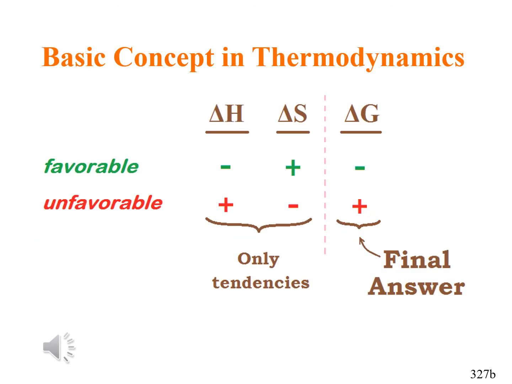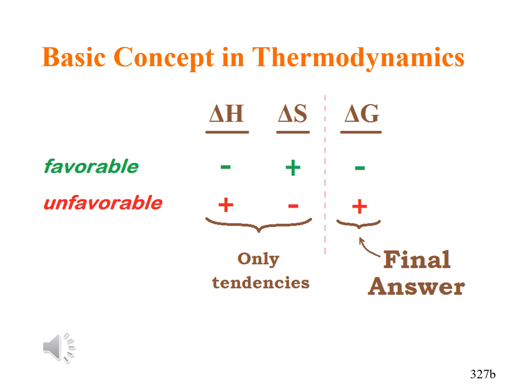We're going to talk about this table a lot in the next class, but this is really the basics of thermodynamics. You really need to know these signs well. The idea behind it is that the favorable signs here are in green for go, and the unfavorable signs are in red for stop.